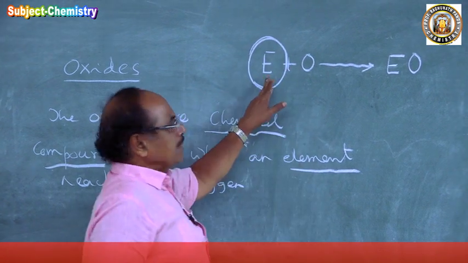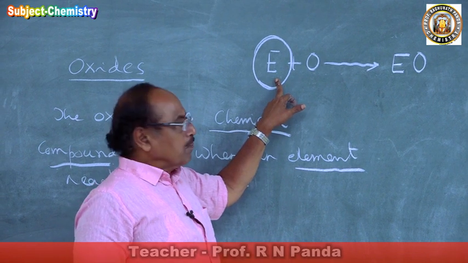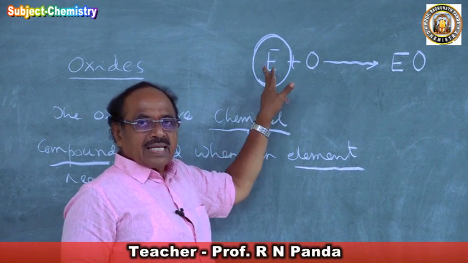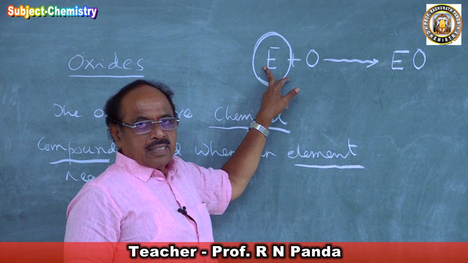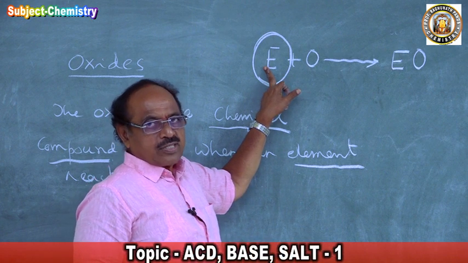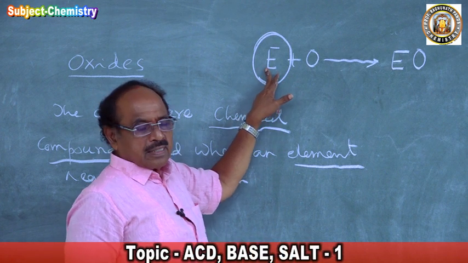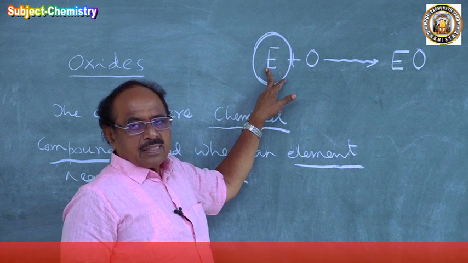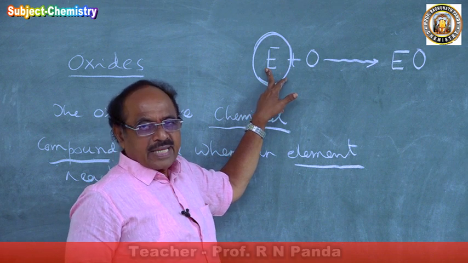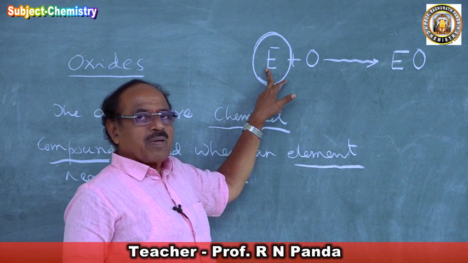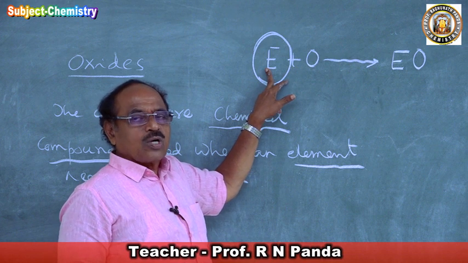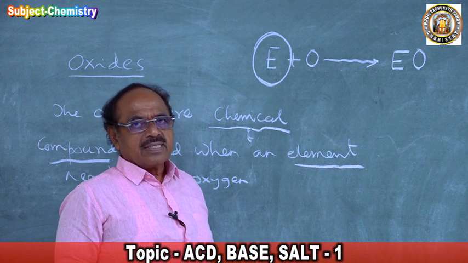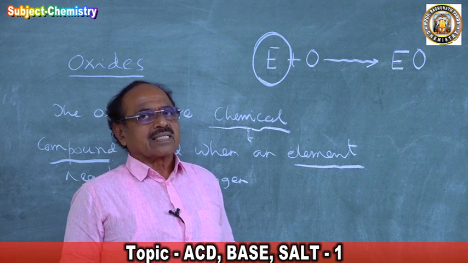When an element loses electrons and combines with oxygen, it is an electropositive element and is metallic in nature. And when an atom of an element gains electrons and takes part in chemical combination, it is called an electronegative element, and it exhibits non-metallic character.